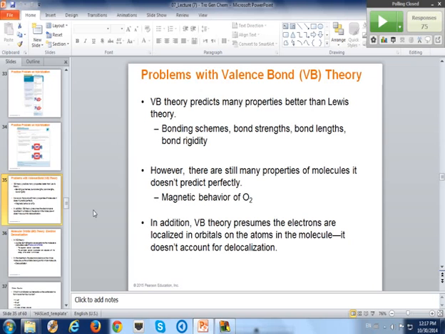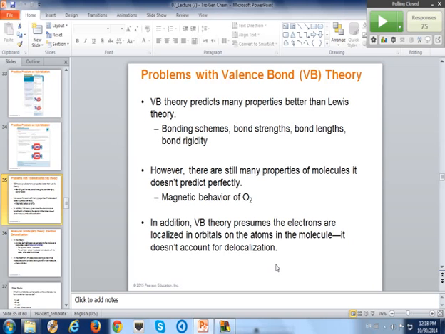Also, in using hybridization, we tweaked the valence bond theory so that it better accounts for the geometry of many molecules, right? Because using pure atomic orbitals, the valence bond theory fails to explain the shapes and geometries of many molecules.